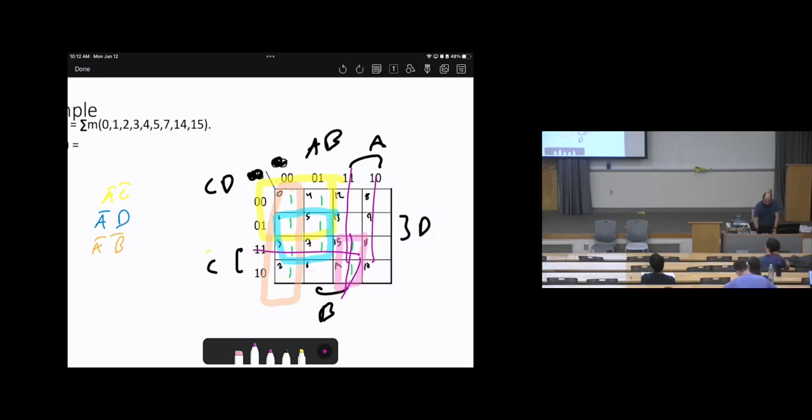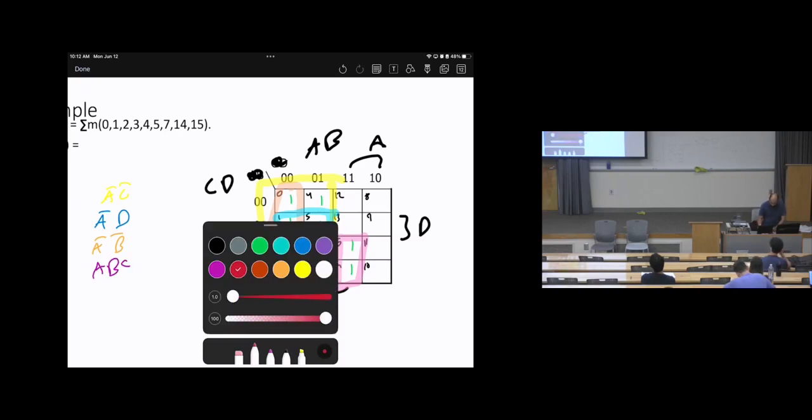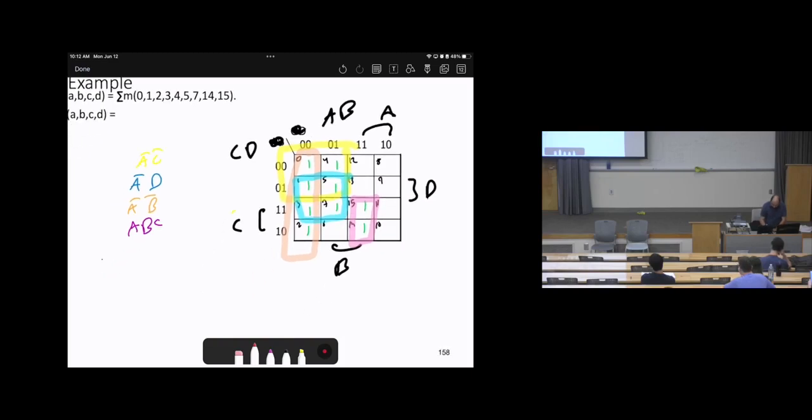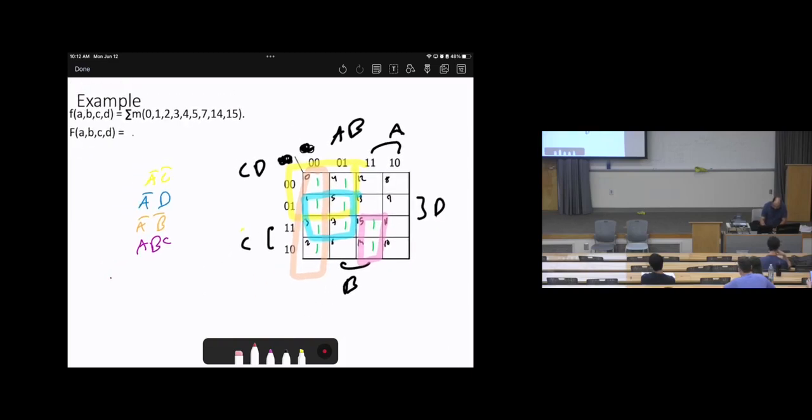So it will be A, B, C. As a result, the function will be A bar C bar, plus A bar D, plus A bar B bar, plus A B C. So this is the minimum function that we can achieve. Okay? Any question?